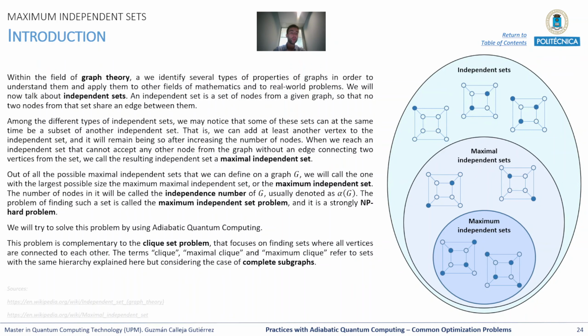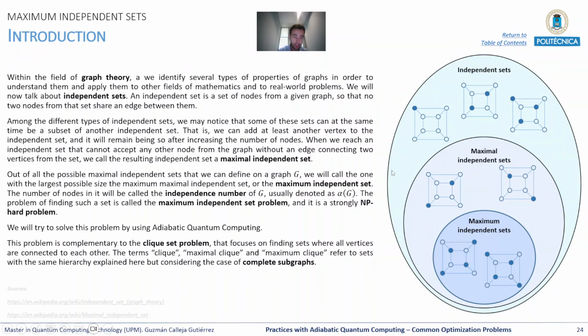Embedded in that group of sets, or of graphs, there are the maximal independent sets. Those maximal independent sets are the sets in which we have selected the maximum number of nodes without them being interconnected.